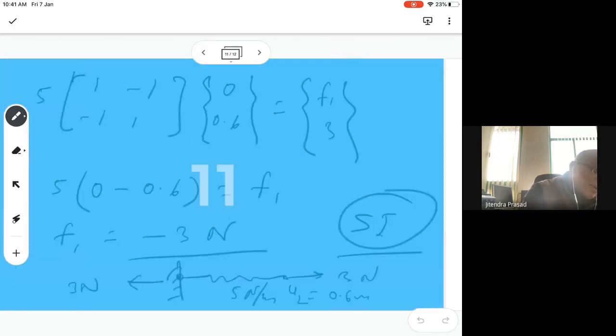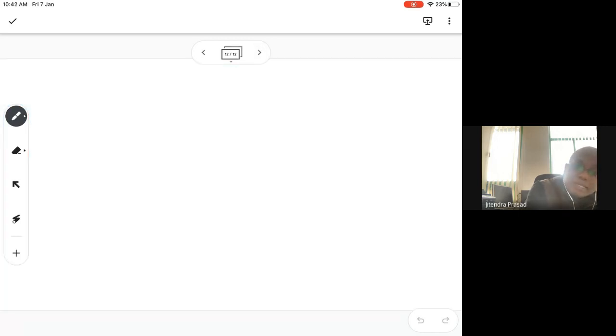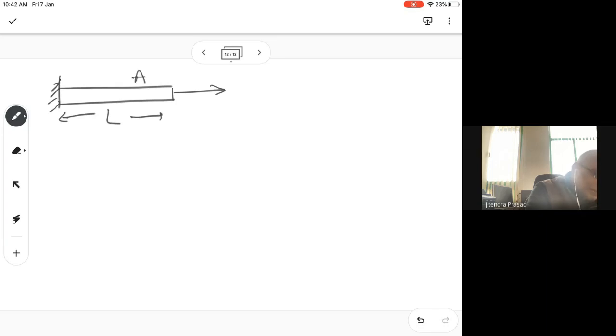Okay, before we go ahead, I will come back to that later, but let us say now you have a uniform bar of length L, area is A, right? And you can solve this also in a similar way. Let's say in our case it's like this.